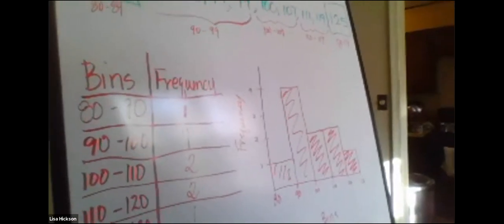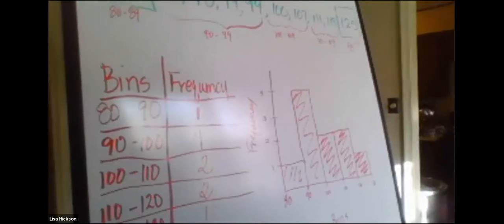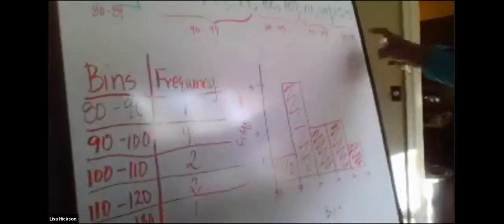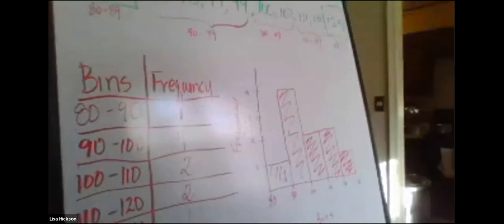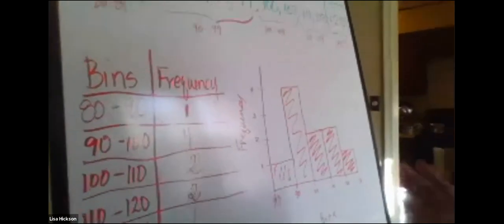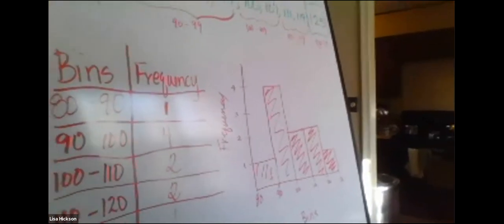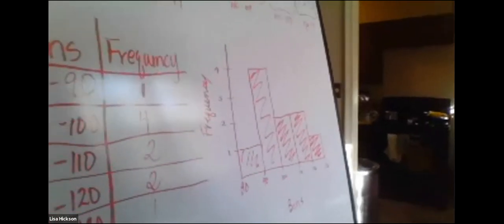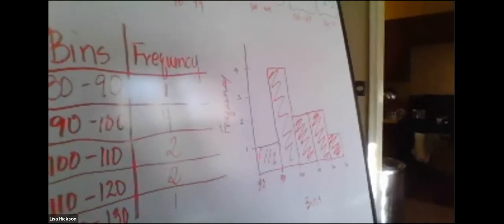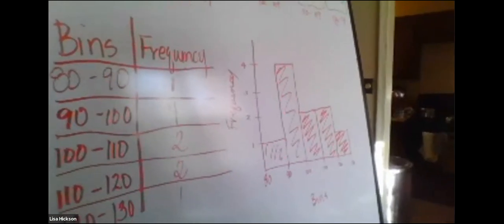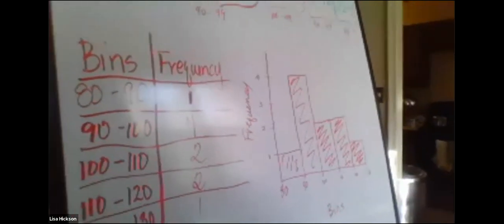Now, some of you may have made your bins smaller. Because this ended at 125, you may have made your bins in 5s. So you may have gone 80 to 85, 85 to 90, 90 to 95. If that's what you did, that is fine.